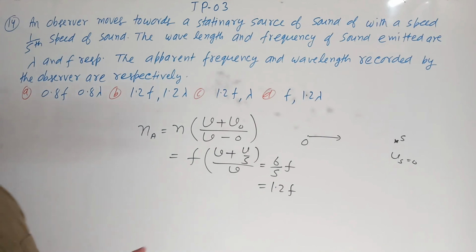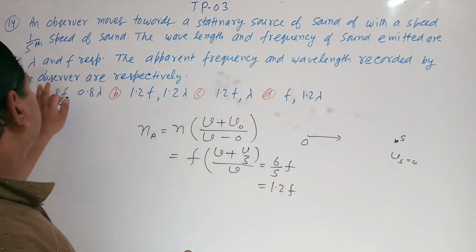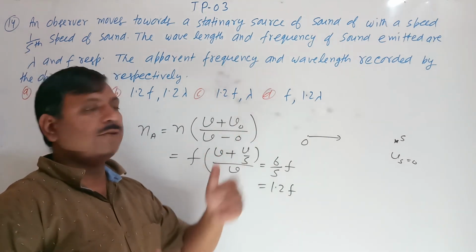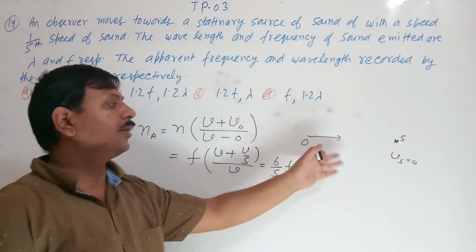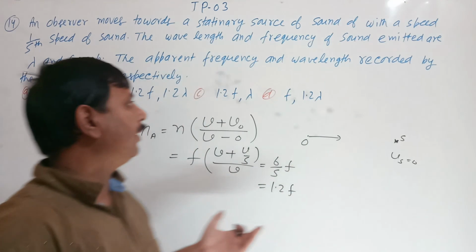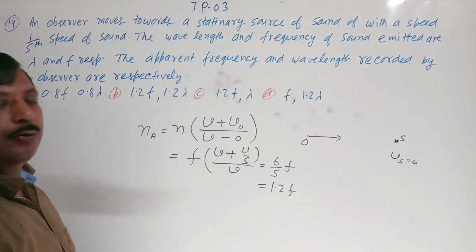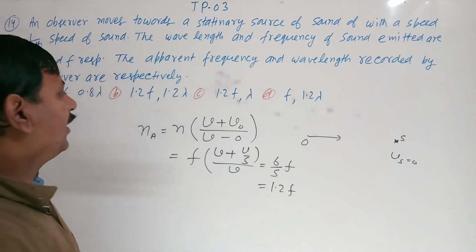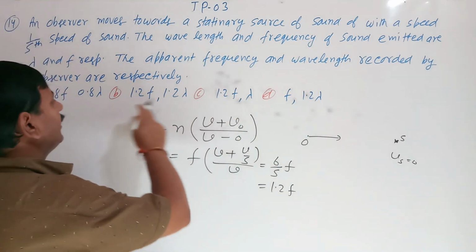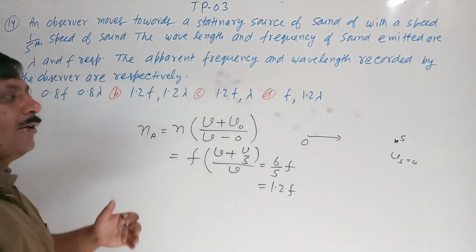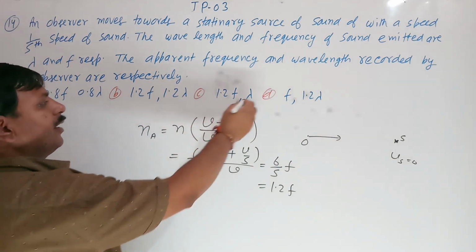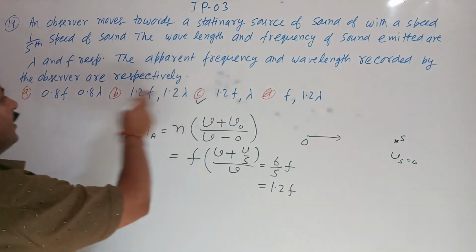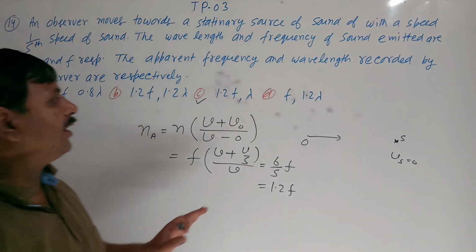One thing you have to know is that there is no change in the wavelength. When sound travels, whether the observer moves or the source moves, there will be no change in wavelength. Frequency is changing, apparent frequency is there. So without solving you can say option C is correct, because in other options the wavelength is changing.